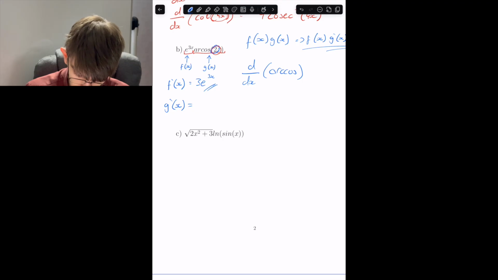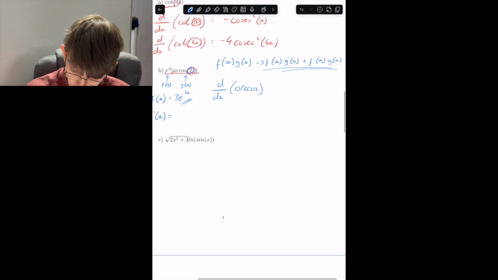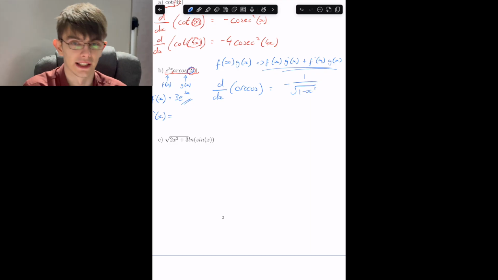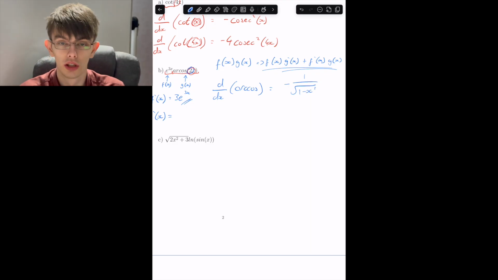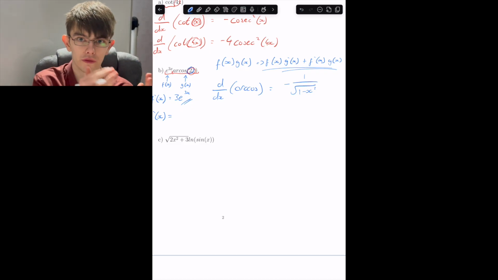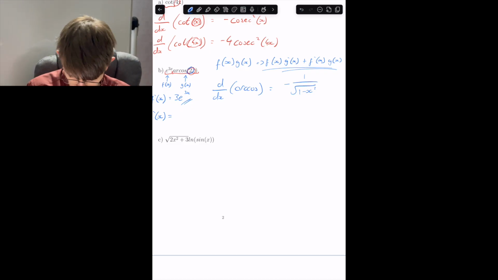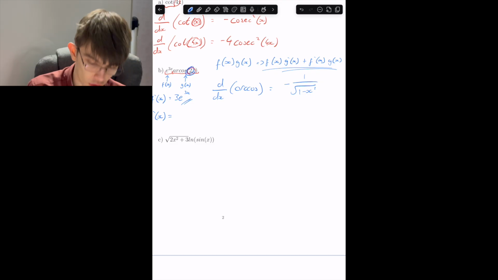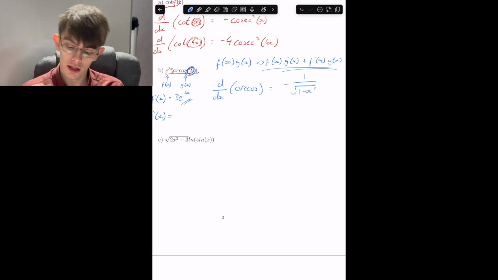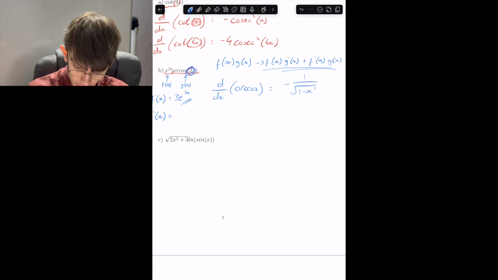Anyway, the derivative of arc cos is minus 1 over the square root of 1 minus x squared. That's a standard result that we should know from trig. We can prove it using a funny little method of some weird substitutions. But this is an arc cos of 2x, so we're going to need to treat this like a chain rule.